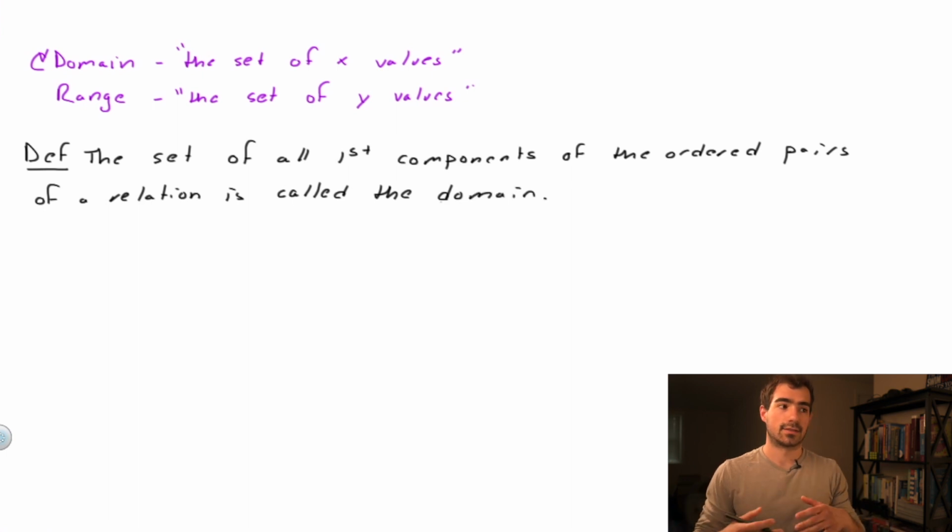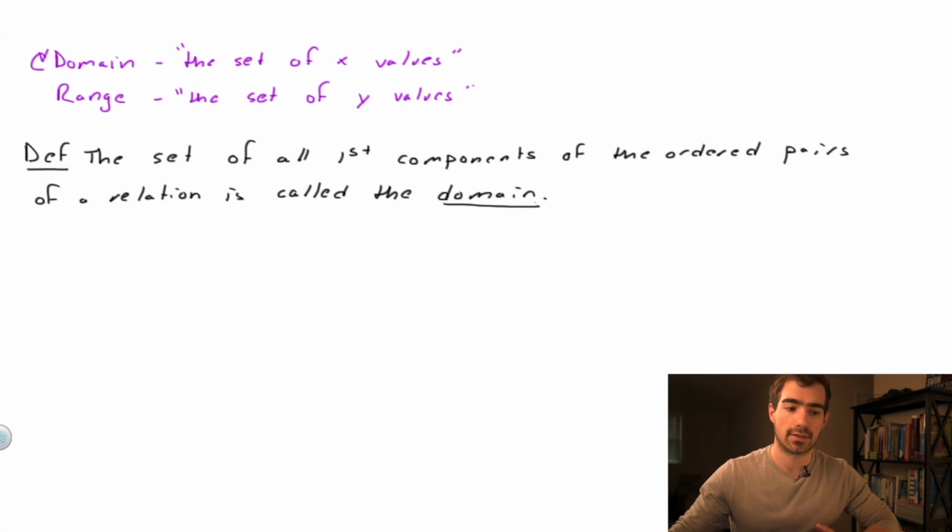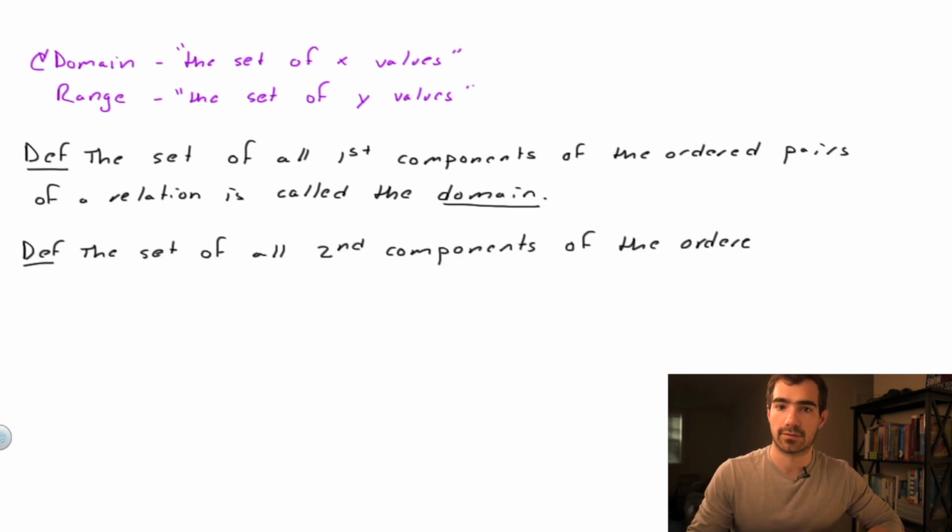And likewise, not just the y values, but all of the second components is going to be called the range. And so the set of all second components of the ordered pairs of a relation is called the range.